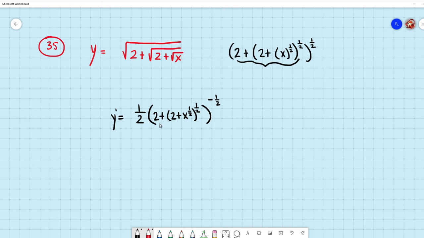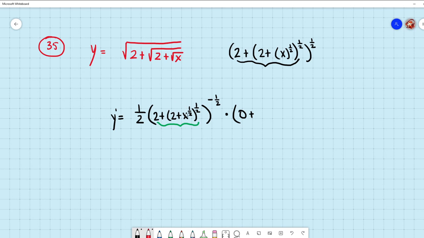Now I'm going to focus on, and I'm going to highlight it here, what I've got to derive, which is this thing. Well, there's an addition that's happening here. So deriving the 2, that would be 0. So I'm going to write the 0 out just so you can see that. So 0 plus, and now I've got to derive this.